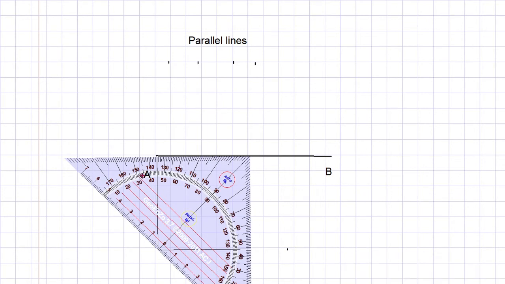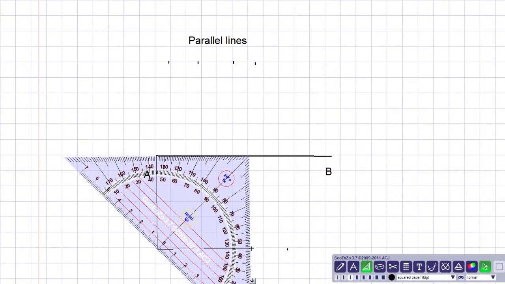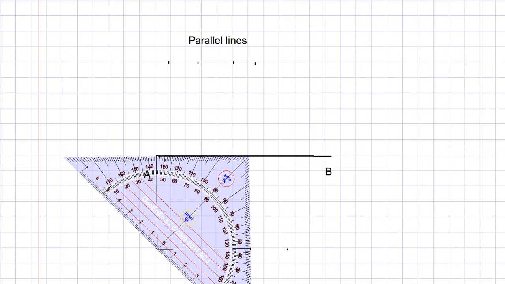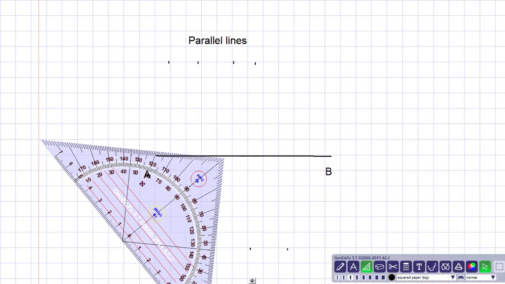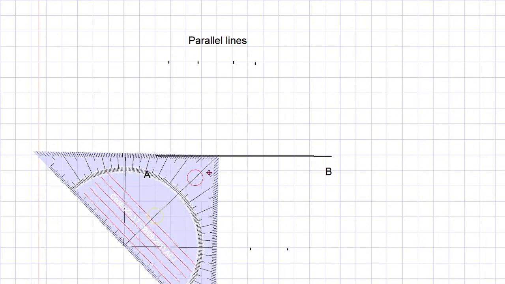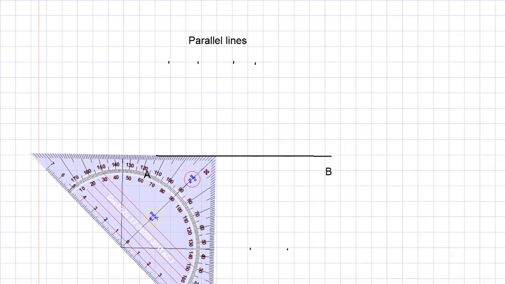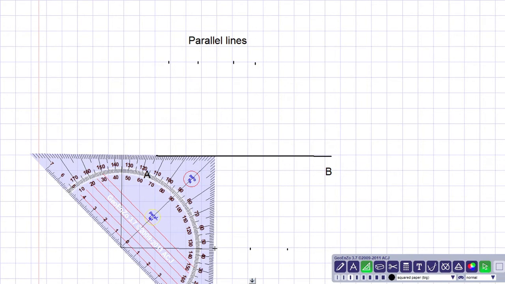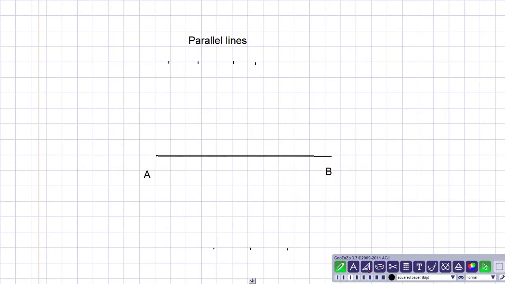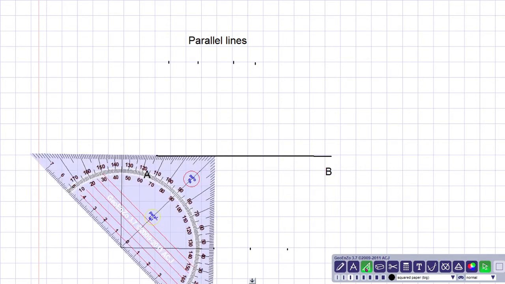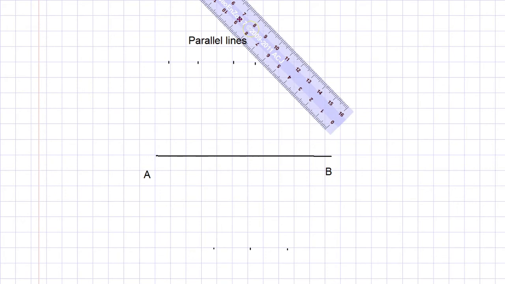Place the set square properly. Now I will take the ruler and join those crossing points.